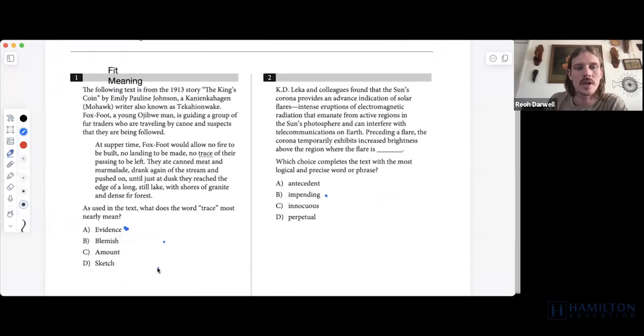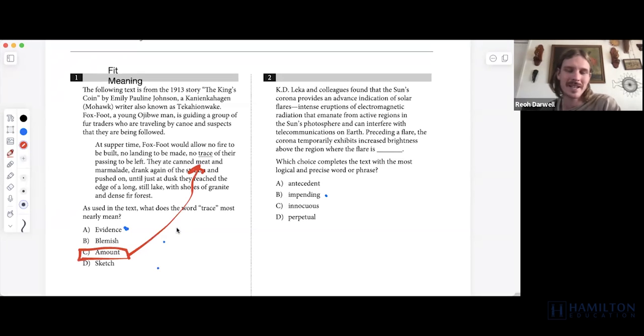All right, so the first one I'm going to show you that I think is a difficult one to get rid of is amount, okay? Because amount fits in here, all right? It works within the context, okay? At supper time, Foxfoot would allow no fire to be built, no landing to be made, no amount of their passing to be left, okay?